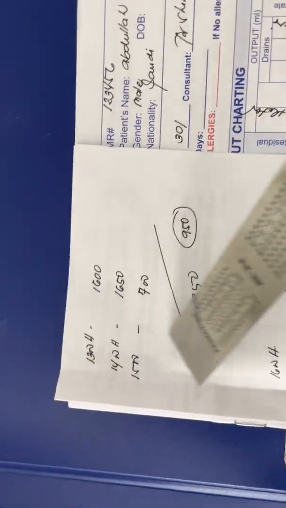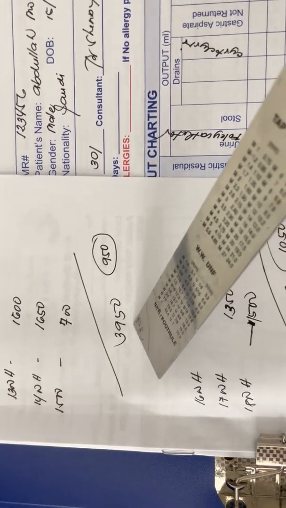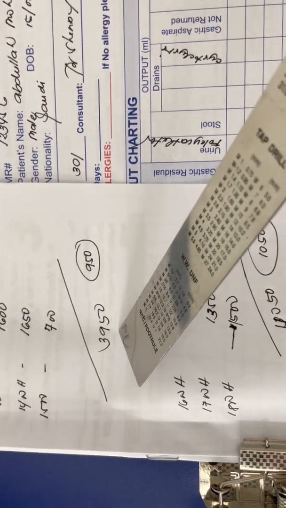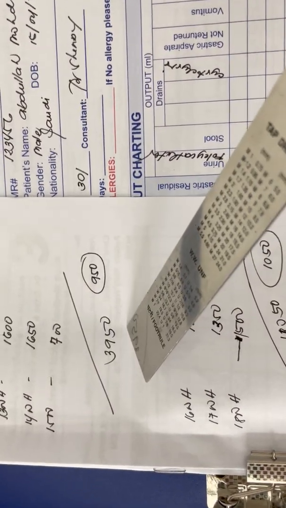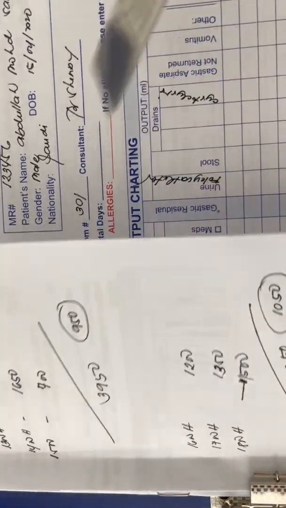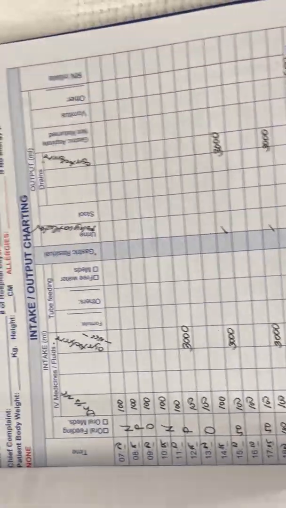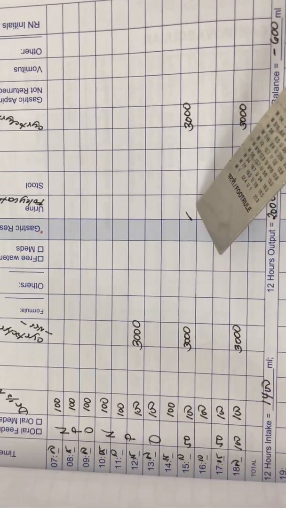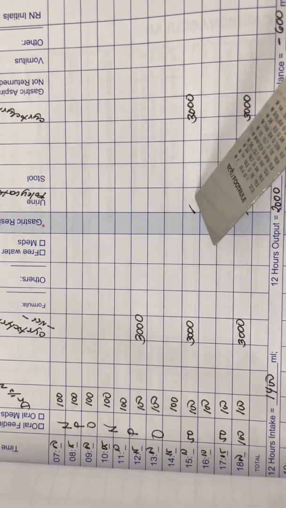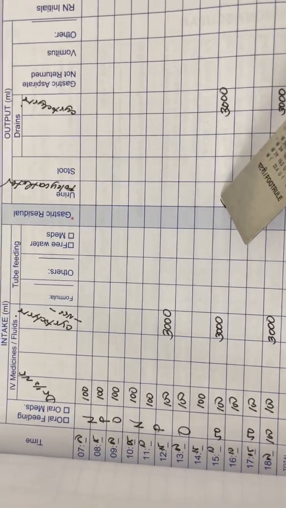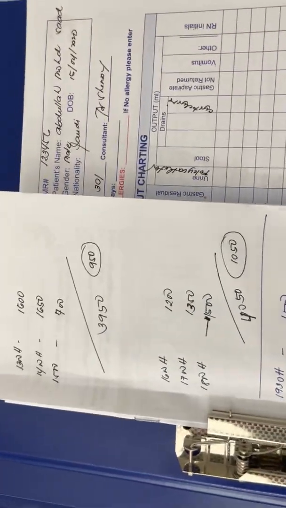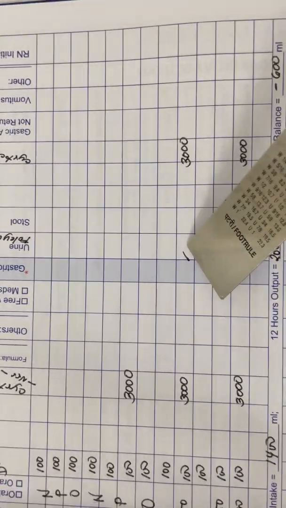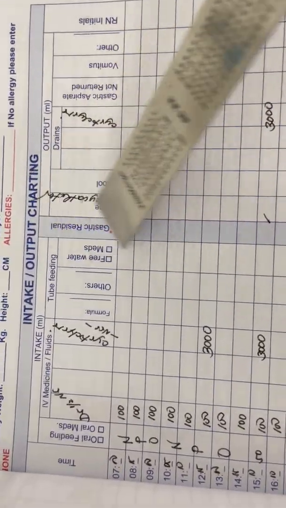Now, on your separate sheet, this is the total output that you drained, which is 3,950. So 3,950 minus the 3,000 ml of the cystoclysis bag, that is 950. So the 950 ml, you will document it here at 1500R. That is your urine output.